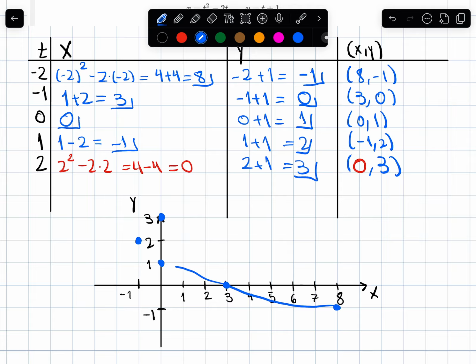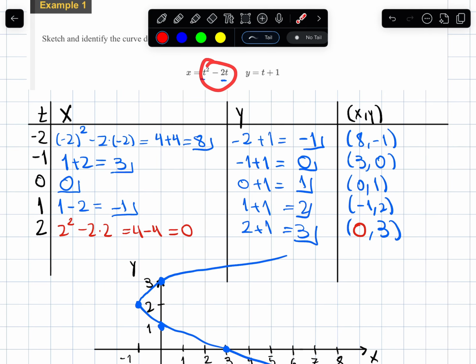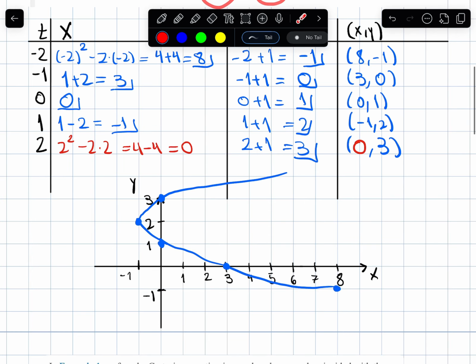The curve is defined by these nice polynomials in t that you see above here. And so it's fair to assume that the curve is going to trace out this sideways parabola. But maybe this is not exactly going to be a parabola. It's just going to be something that resembles a parabola. But there's a way to make sure. I'll show you that too.